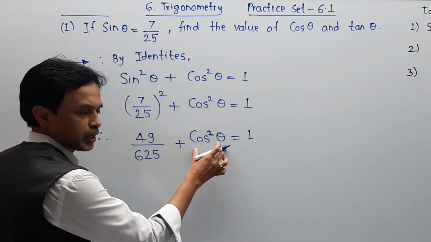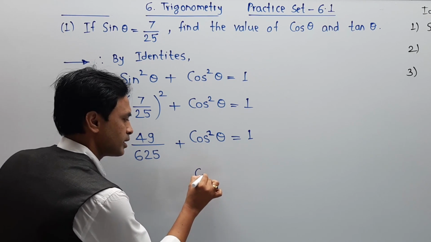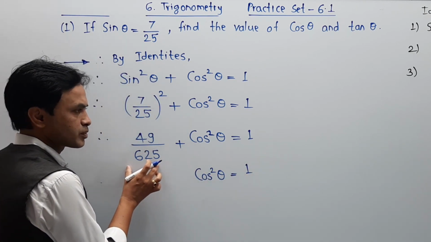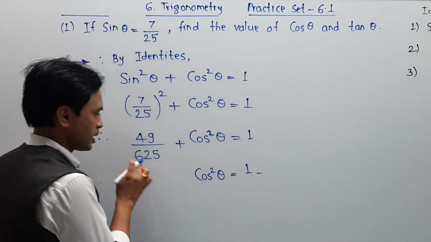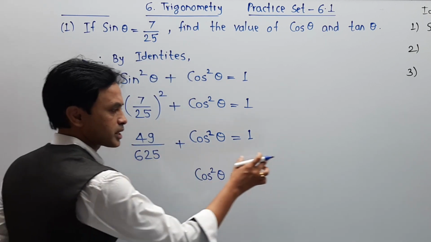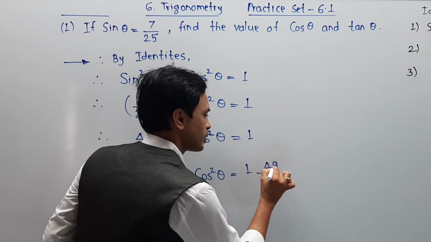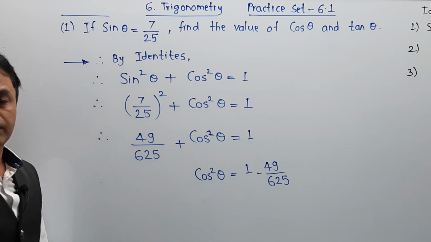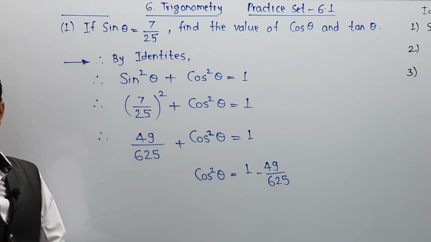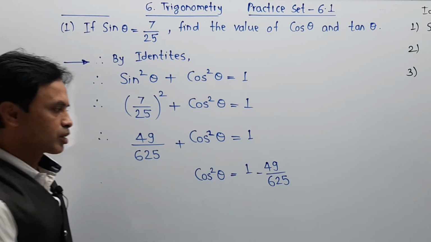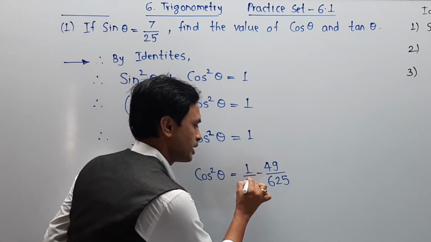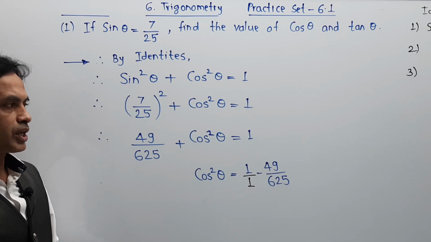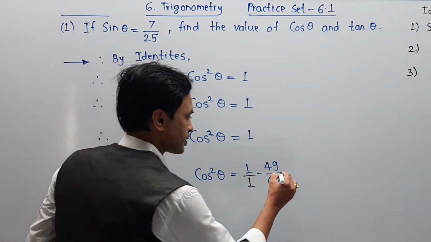Keeping the unknown cos square theta on one side, cos square theta becomes 1 minus 49 upon 625, as 49 upon 625 goes to the other side. Remember, this 1 is also divided by 1. Now we simplify.